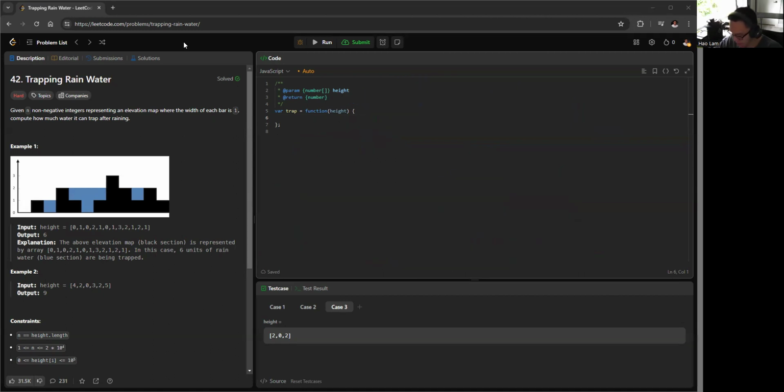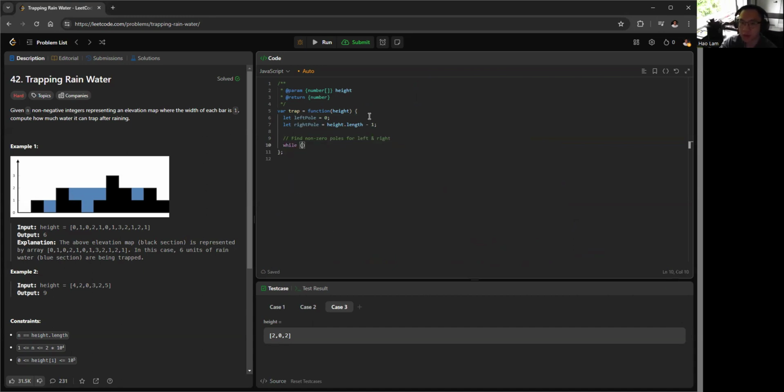Okay, so let's code this up. So we need our left pole and right pole, starting at the two ends. We want to find the non-zero pole for left and right.